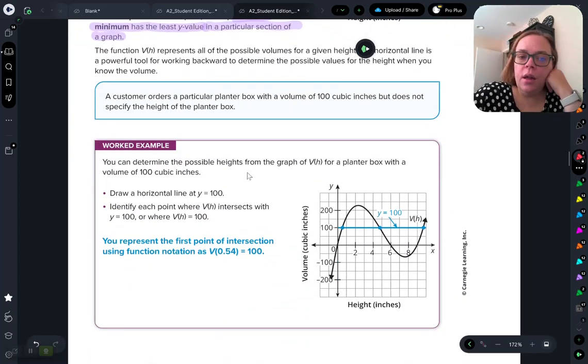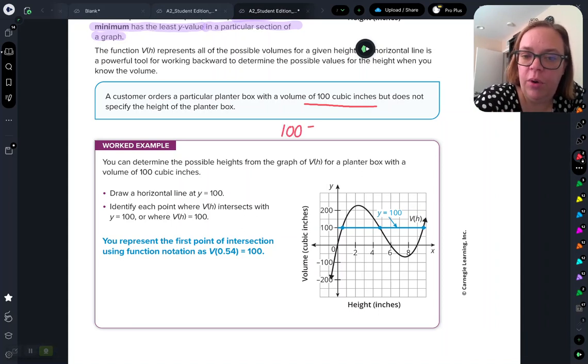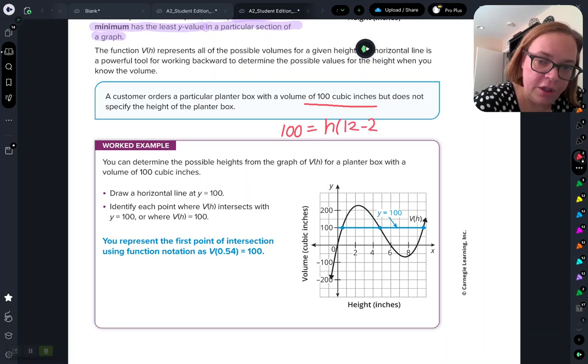Okay. A customer orders a particular planter box with a volume of 100 cubic inches, but does not specify the height of the planter box. So you can basically solve this graphically. They're giving you the volume, but you don't know what h is. So you can set 100 equal to your function.